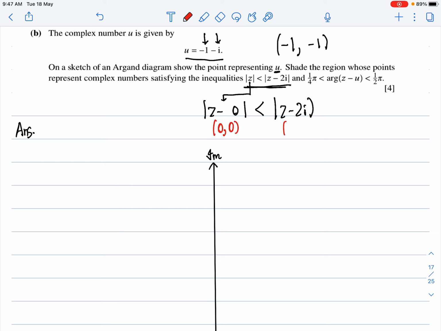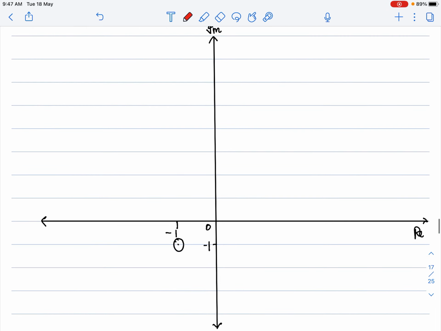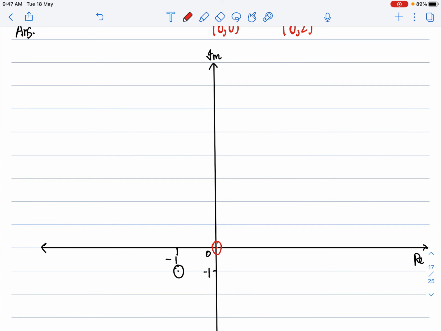And here my coordinate is simply 0, 2, because this is the form, there's a minus always in the middle. So 2 is the imaginary. Okay, this is the basic concept. So 0 comma 0 lies somewhere here, correct? And 0 comma 2 lies somewhere here.